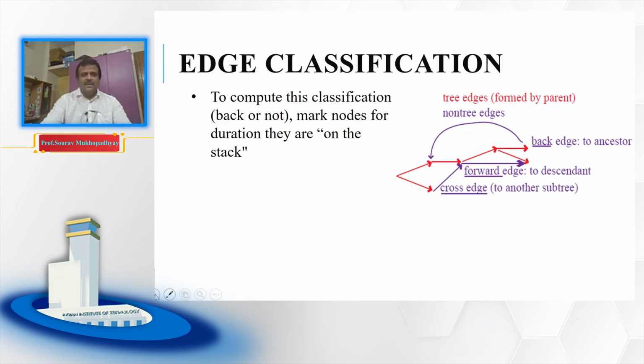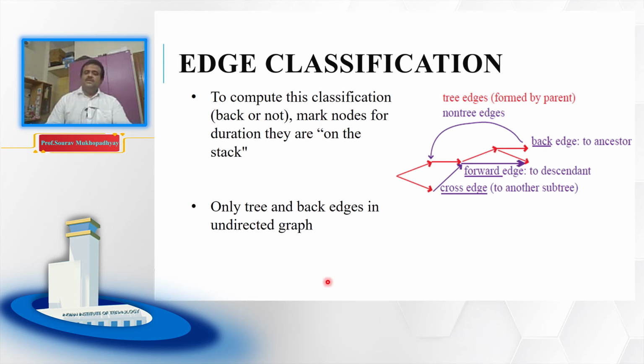Okay. And to compute back edges and forward edges, we can mark the node for the duration when it is on the stack. We are putting the nodes in the stack, so there only we can mark it. This is for a directed graph, and for an undirected graph we have only tree edges and back edges. There is no concept of forward edge.